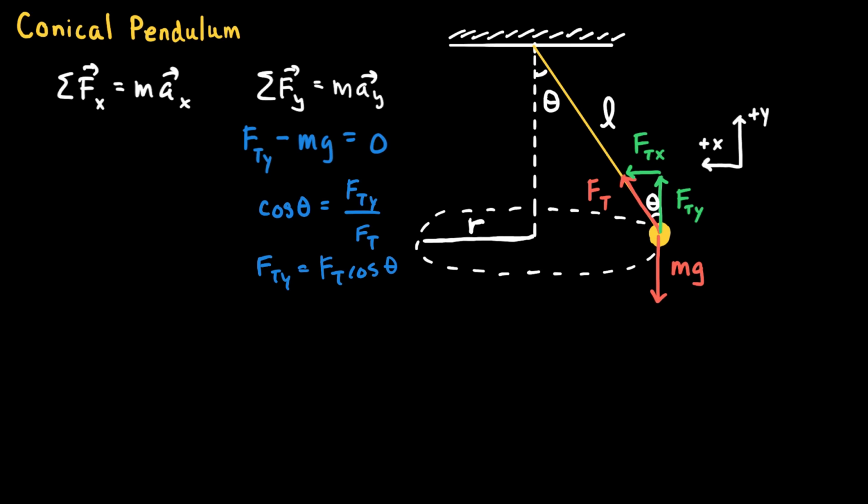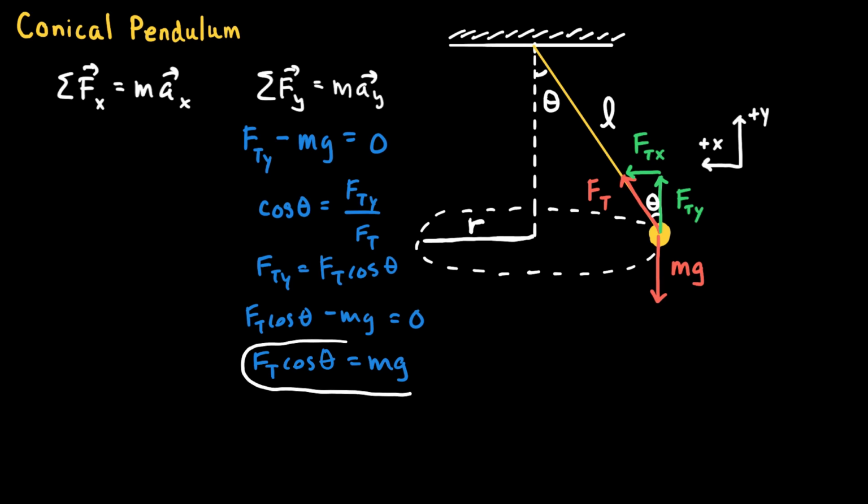And so I will now rewrite my Newton's second law equation to say Ft cosine theta minus mg equals 0. And because the net force in that direction was equal to 0, of course these two forces are equal to one another. And so here's one of the two equations that we need in order to better understand what's going on with this conical pendulum.